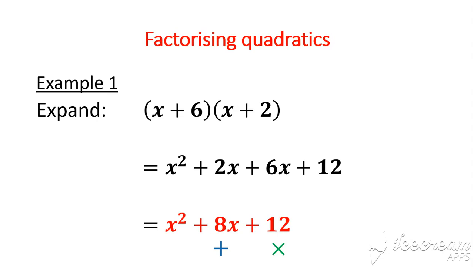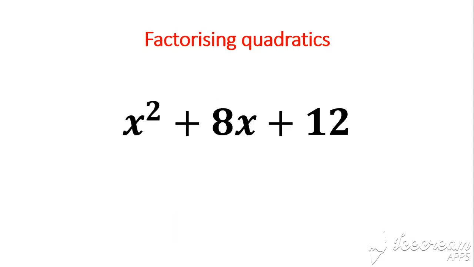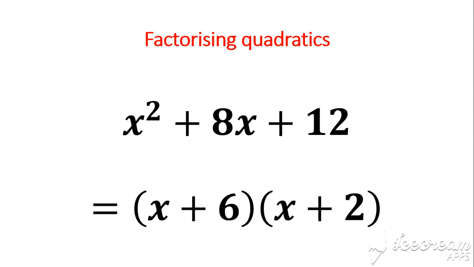Now that's going to help us with this idea of factorisation. So let's go through it once more. X squared plus 8x plus 12 gets factored into x plus 6 times x plus 2. The 8 has come about by going 6 plus 2, and the 12 has come about from 6 times 2.